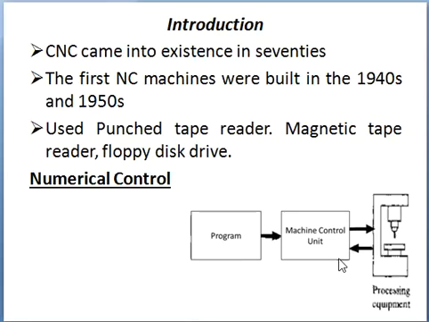This is the second basic component of a numerical control system. This unit consists of electronics and hardware that can read and interpret the program of instructions and convert it into mechanical actions. It also acts as a mediator.